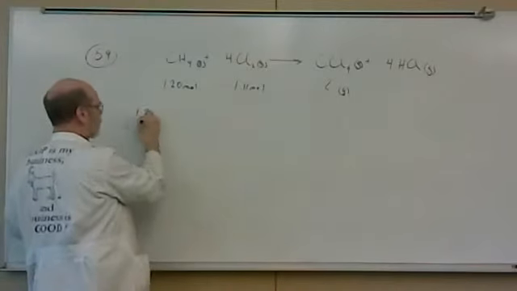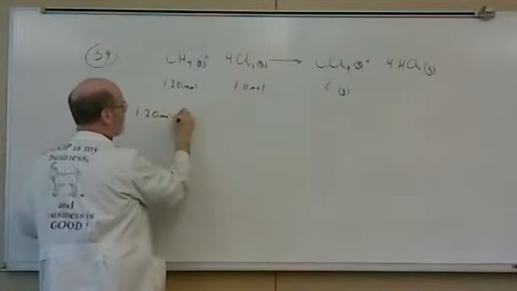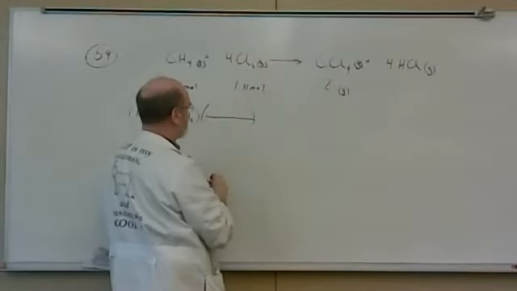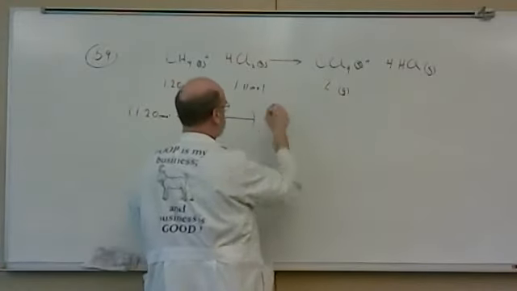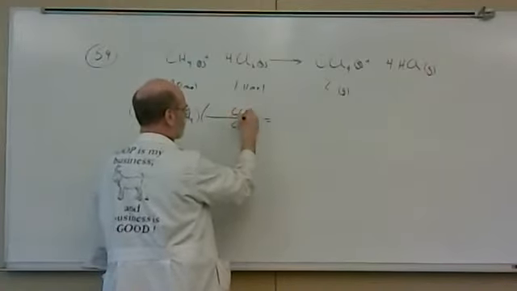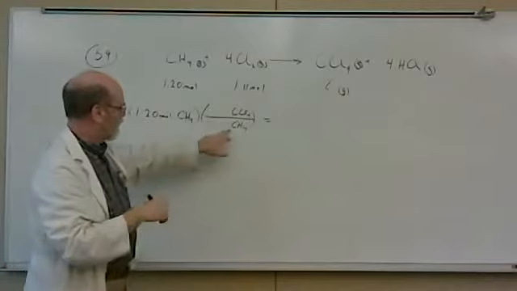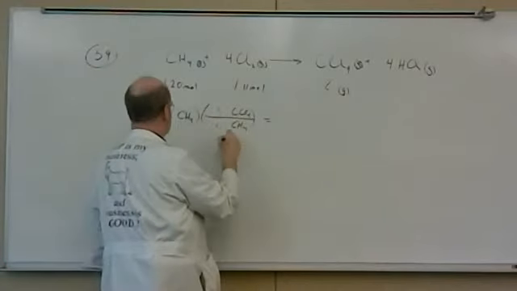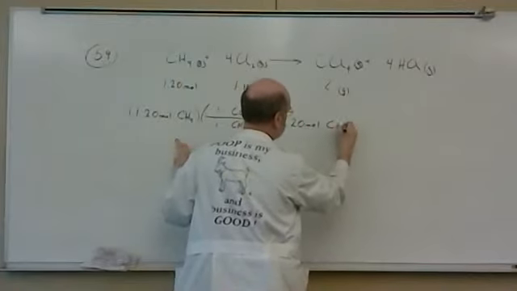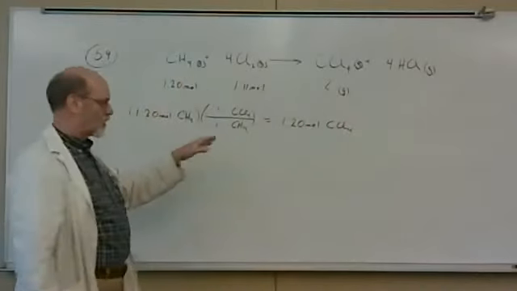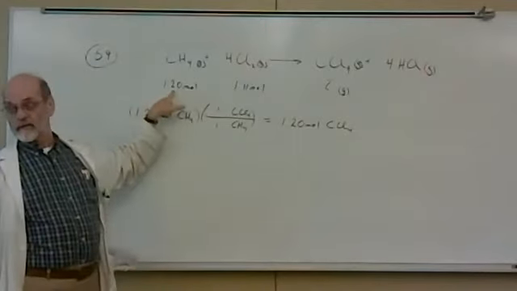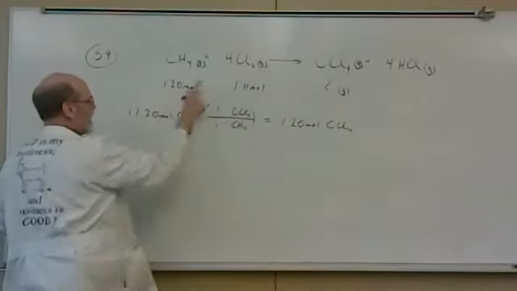So if we say 1.2 moles of methane, right? So how much carbon tetrachloride does it make? Well, we need the ratio. Right? So we got one of these for every one of those. That's how much carbon tetrachloride would be produced if we used all of this. What if we use all of that?